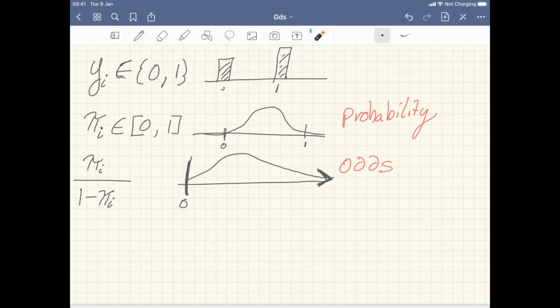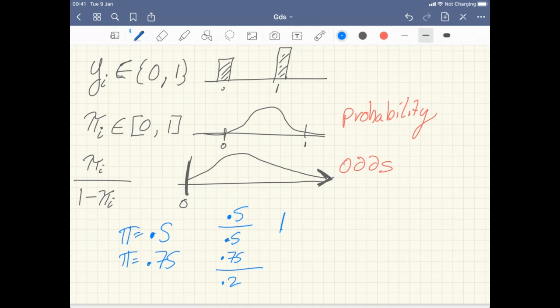So to think about it, if pi is equal to 0.5, the odds are going to be 0.5 divided by 0.5, which is 1. If pi is equal to 0.75, then the odds are going to be 0.75 divided by 0.25, which is 3.